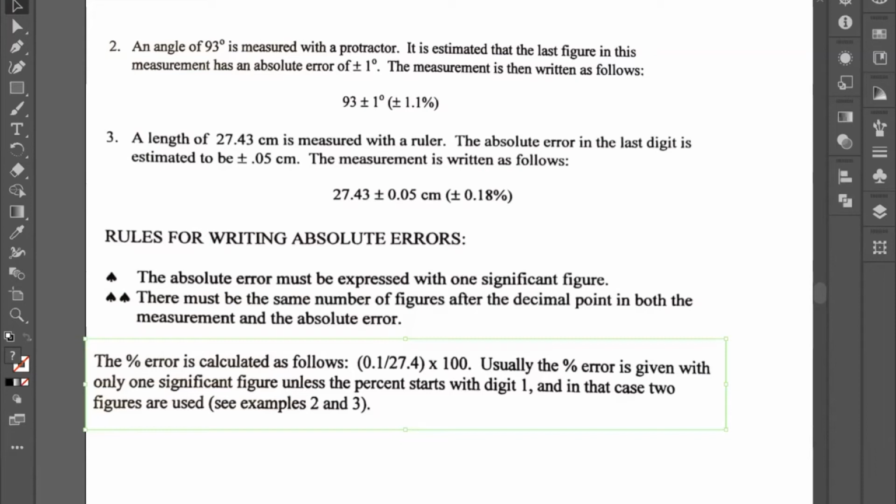Okay, let's talk about how we would propagate them.